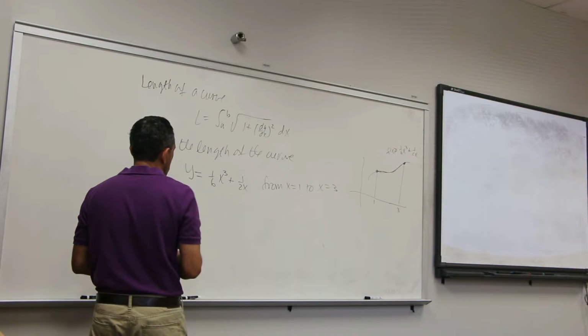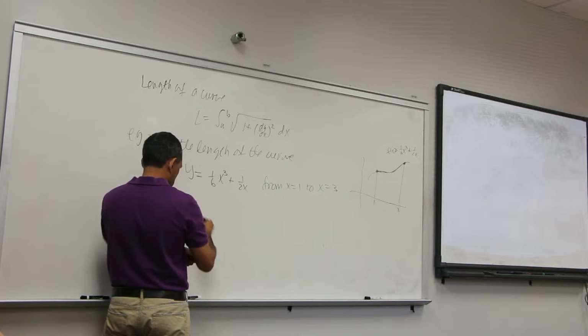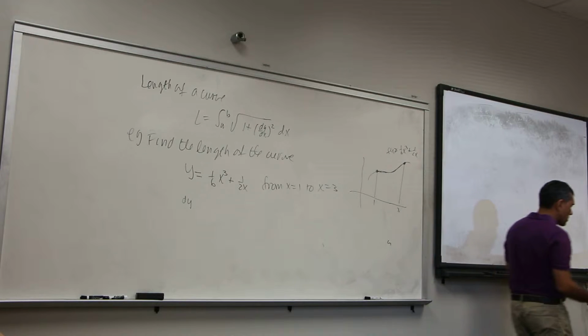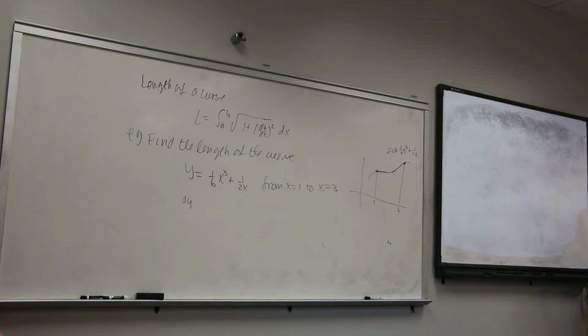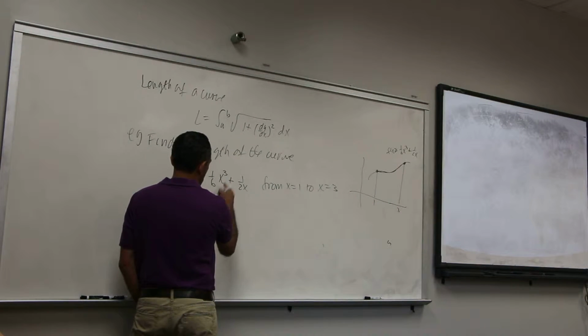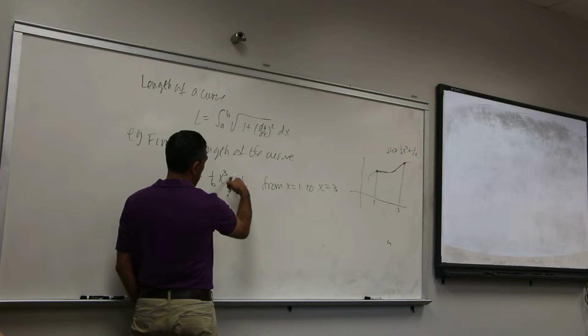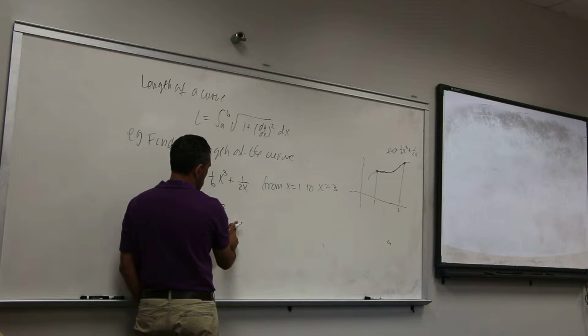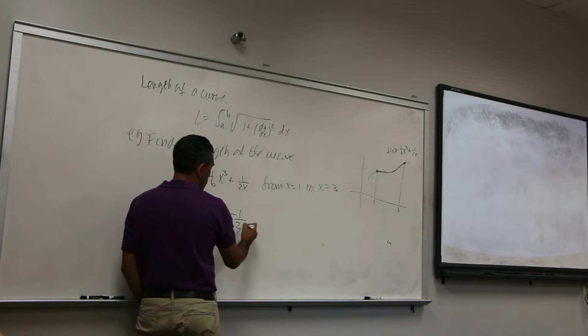Let's see, what is the derivative of this function? 3 over 6 x to the power 2, which is 1/2 x squared, and this is x to the negative 1, so that would be negative 1 over 2x squared.